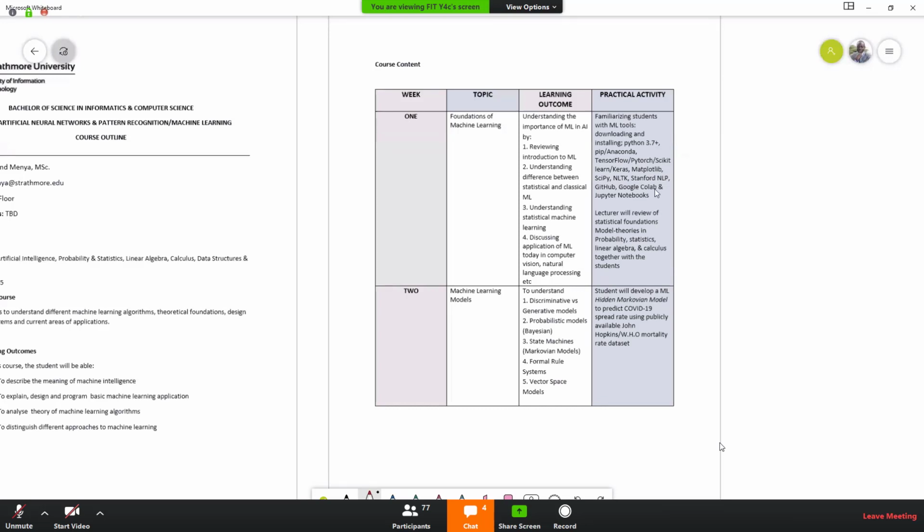We'll be using a lot of libraries like NLTK for NLP, and Stanford NLP. Those are going to be two. For the other mathematical computations, we use everything in SciPy.